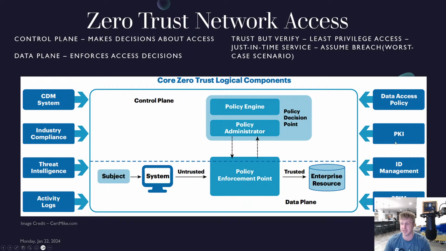So anything that goes into it, whether it's your SIEM, your identity management, threat intelligence, everything gets pushed into this. So the policy enforcement point, once the system hits it, if it sees that you're logging in from Europe at 3 o'clock in the morning Eastern time, it's probably going to say, well, hold on, there's something not right with that, because this person is based in Alabama and they're on Central time.